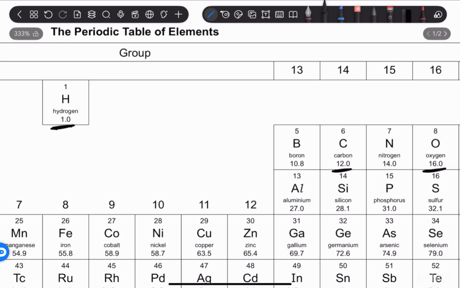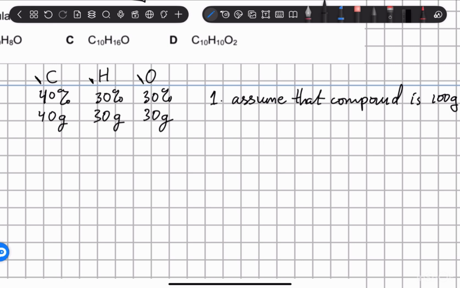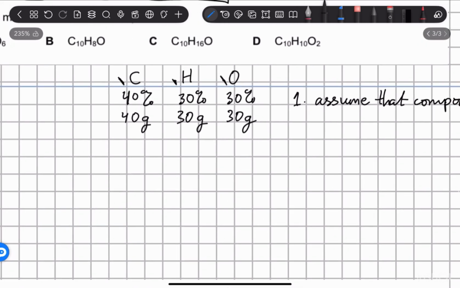When we're calculating the empirical formula, we're basically determining the ratio of these elements to each other. So you are going to divide each of them by their atomic mass. Carbon is 12, hydrogen is 1, oxygen is 16.